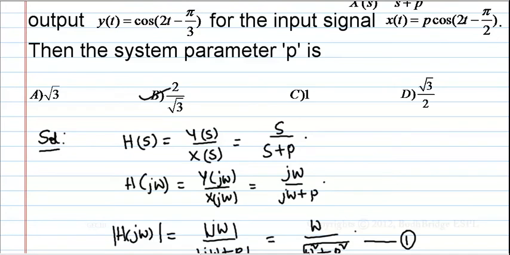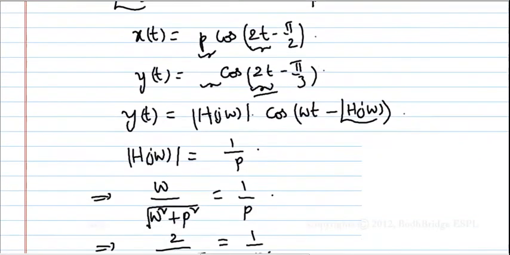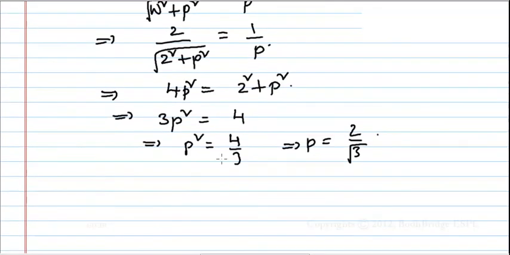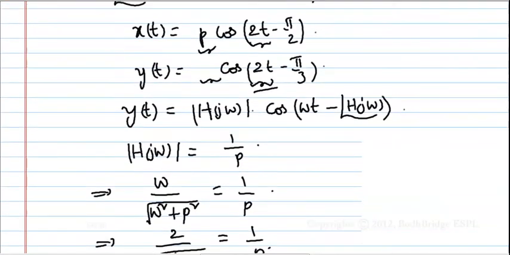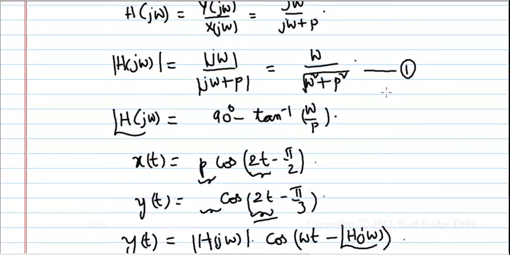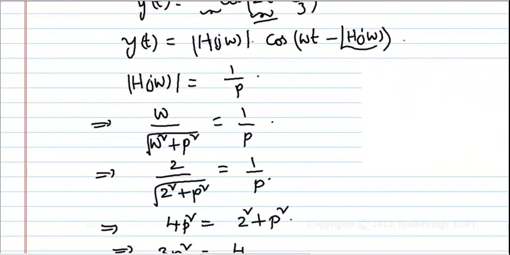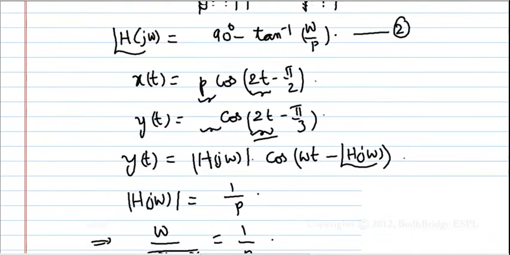Now we can also solve this question using the phase response of the transfer function. That is, we can use the angle of H(jω) expression, which is the second equation as marked. Now we need to find the phase difference between the input and output.